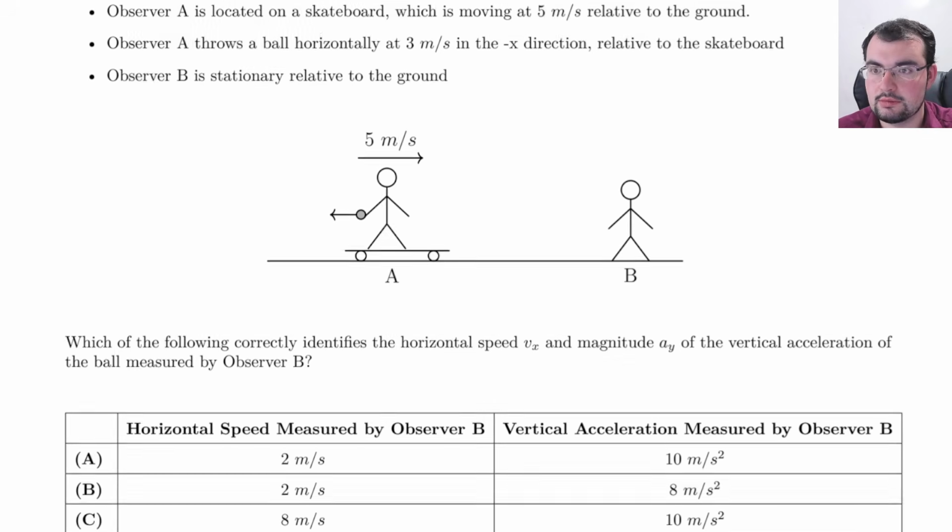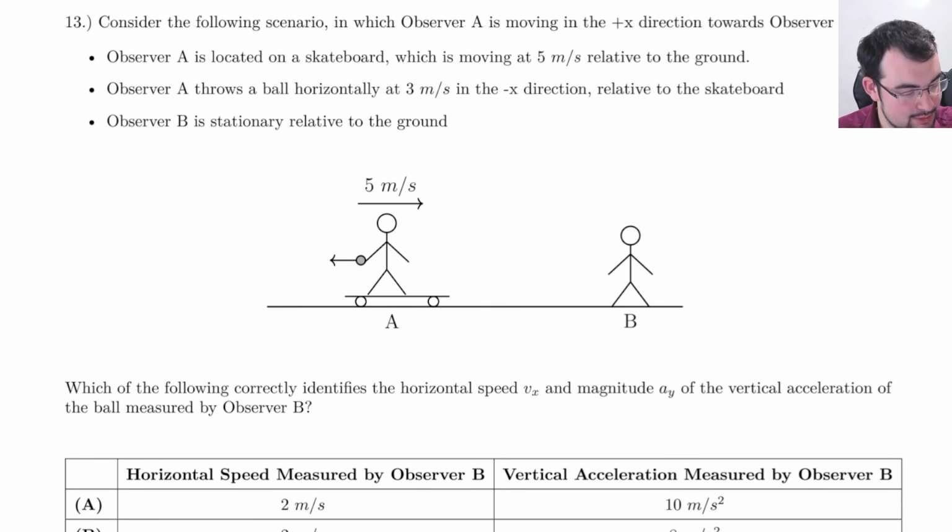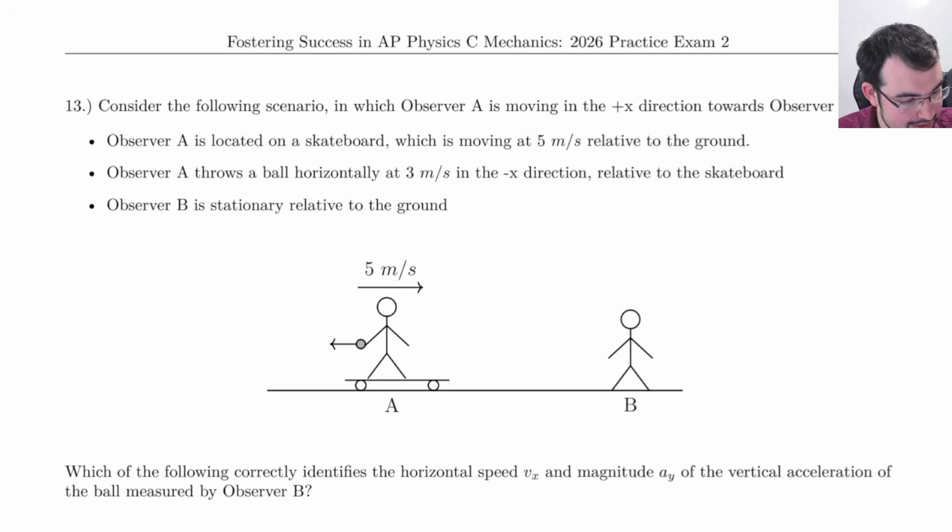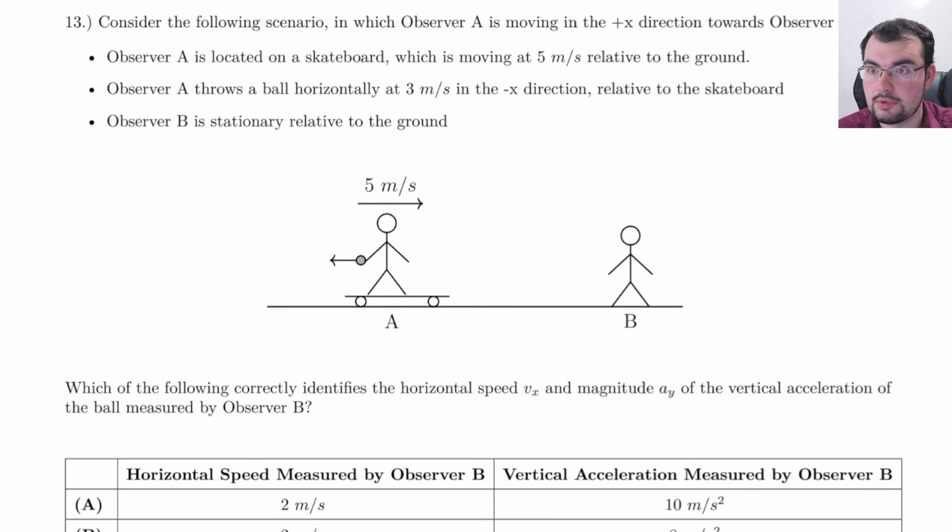So what's happening is person A throws the ball at 3 meters per second backwards relative to them. So person B is going to see the ball as having a velocity of 5 meters per second, but it's getting sent 3 meters per second in the opposite direction.